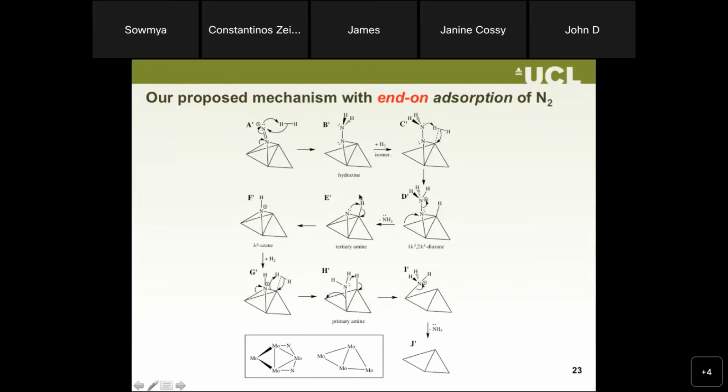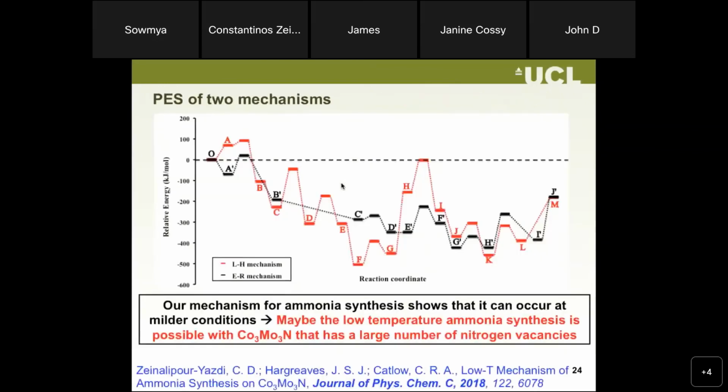So you can see that this mechanism has fewer steps. And when we looked at the activation barriers for the elementary steps, we were very surprised to see that the Mars-van Krevelen mechanism, which is shown in black in this curve here, has lower barriers for the hydrogenation steps than the Langmuir-Hinshelwood mechanism.